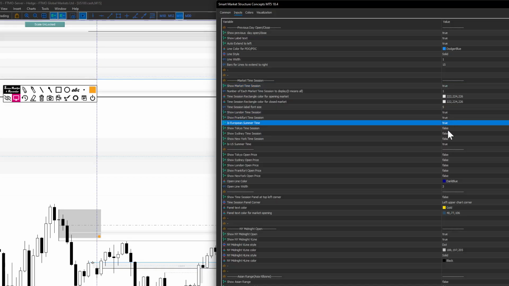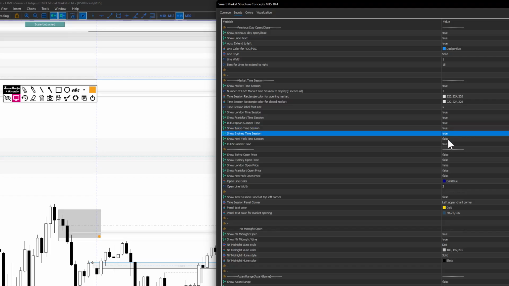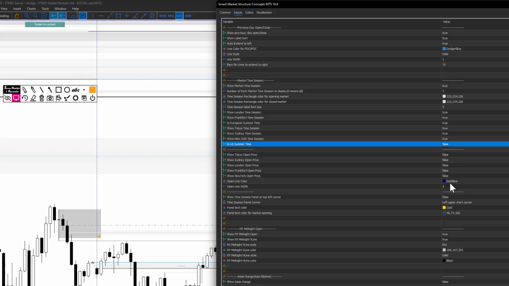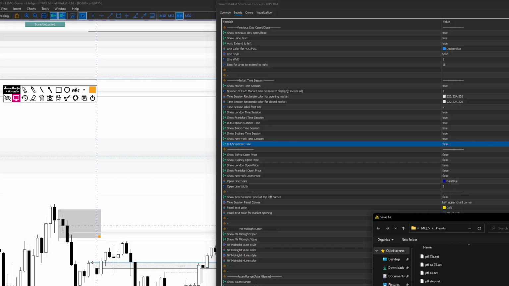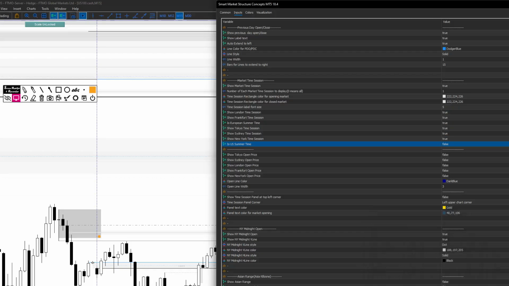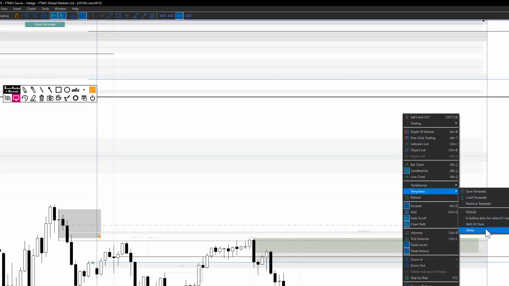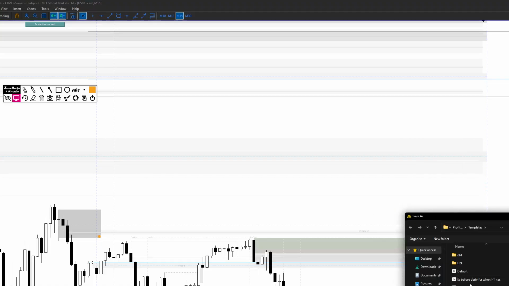Alright, London through Tokyo through Sydney through. I don't think it will show me the actual correct sessions. I might have to do this from TradingView because the market is currently closed, so it kind of throws things off.